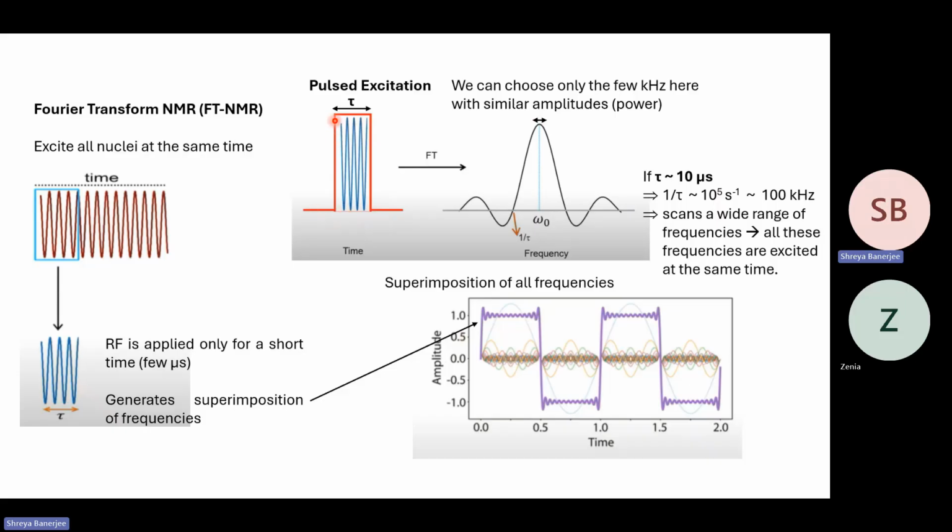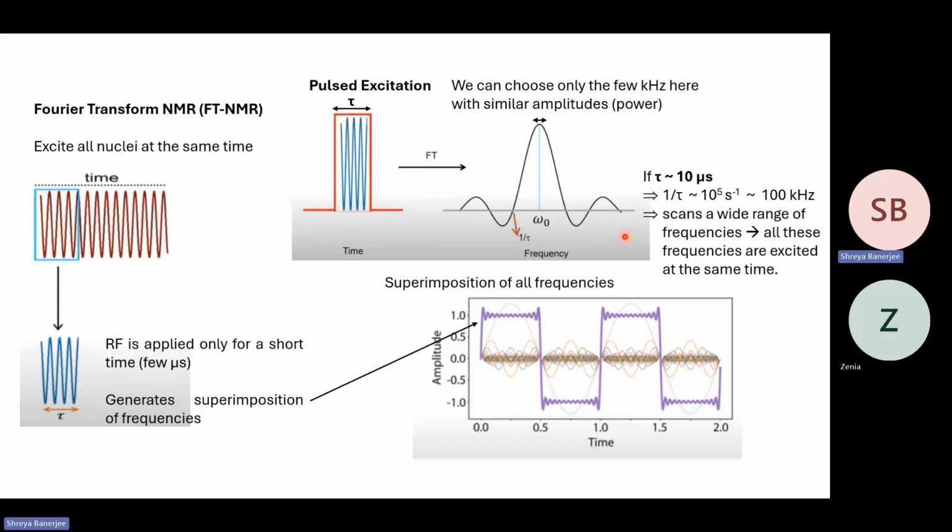It is just represented like this here, which is being applied for a time tau. When you do Fourier transform of this, you can see that this pulse is used to excite the sample, and then the signal of the sample undergoes Fourier transform to get the spectra that we normally get.